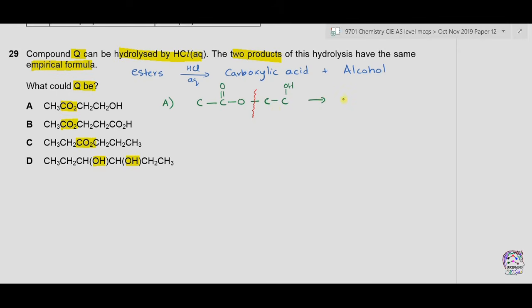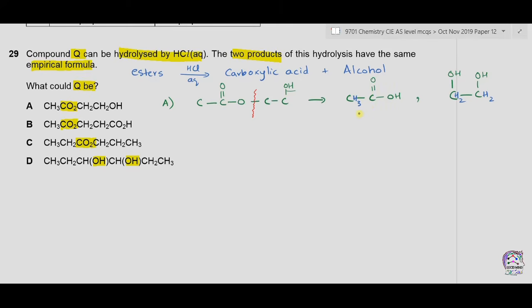So the products are carbon, C double bond O, OH, and the alcohol formed will be, as this OH was attached previously, a new alcohol functional group will also attach with this carbon atom. This will become like this. Let's put the number of hydrogen atoms. We have 3 hydrogen with this carbon, 2 hydrogen with this carbon, 2 with this.